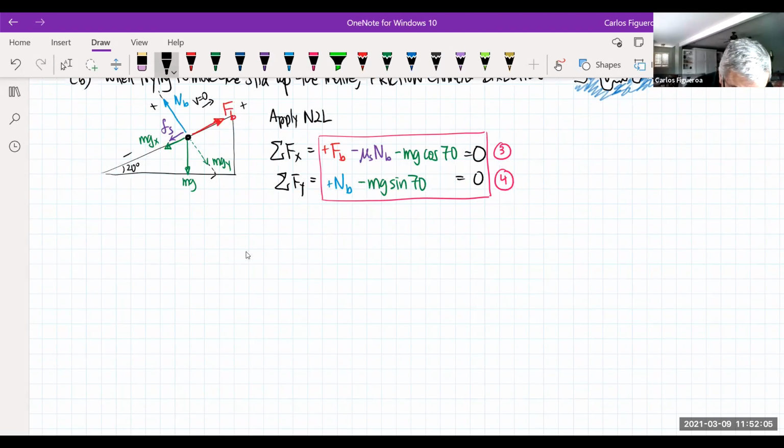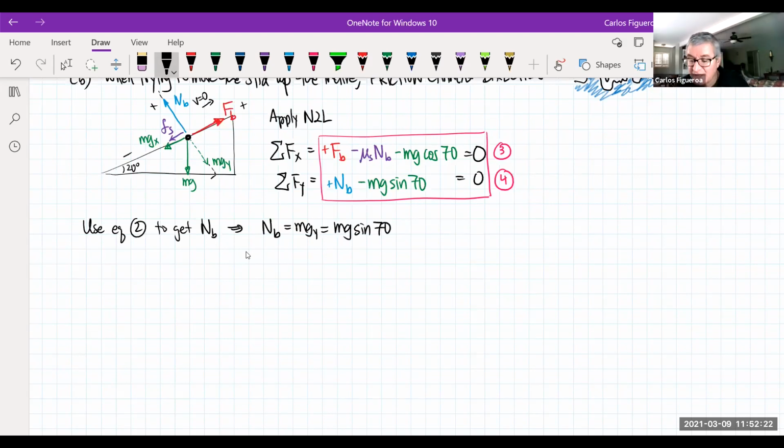So we use equation 2 to get NB. And we already saw that the normal was the y component, so it's going to be mg sine of 70, just as what we saw before here.